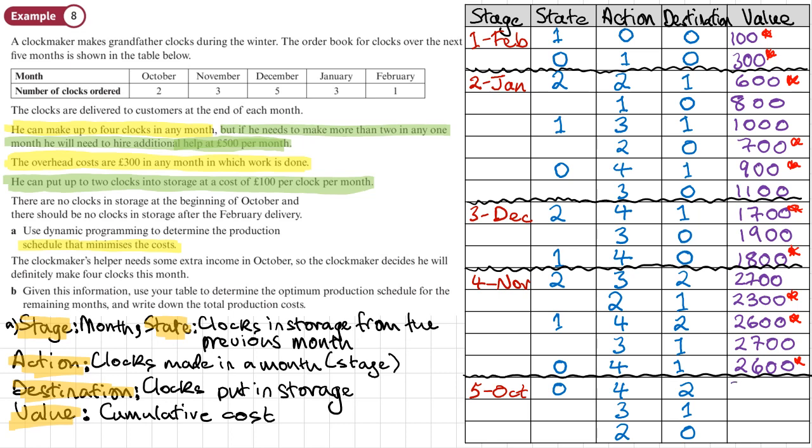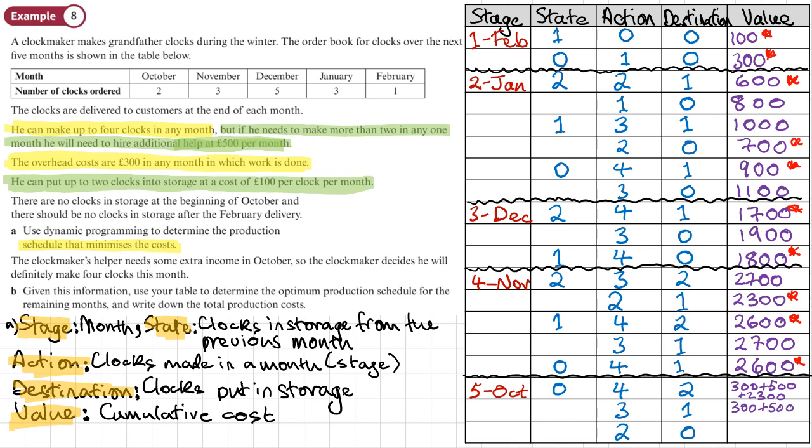And then if we're carrying forward 2, we need to add 2,300, because that's the lowest cost, plus 2,300. If we're making 3, we're going to have overheads plus the additional help, and then 1, what's that going to cost us?